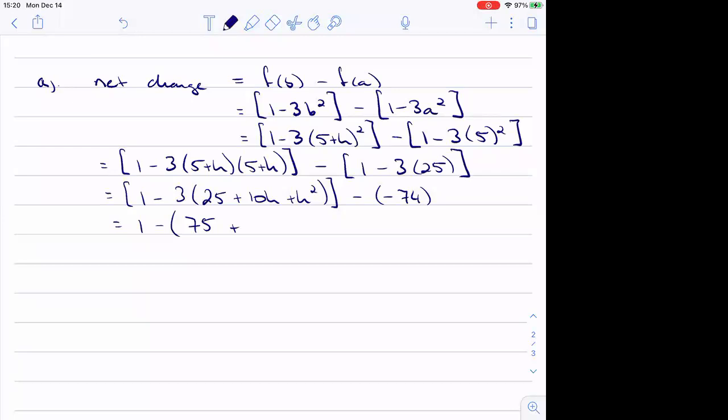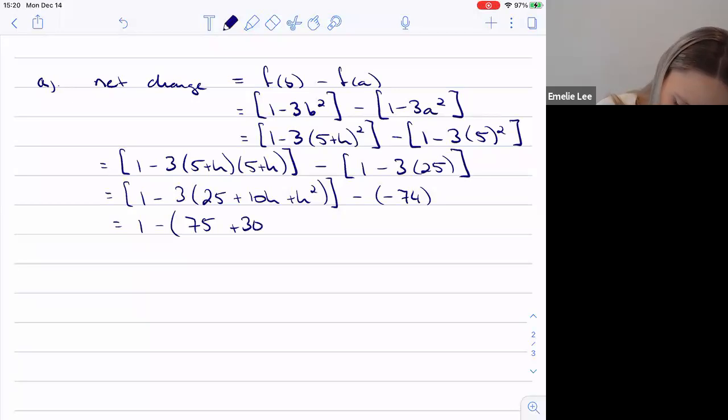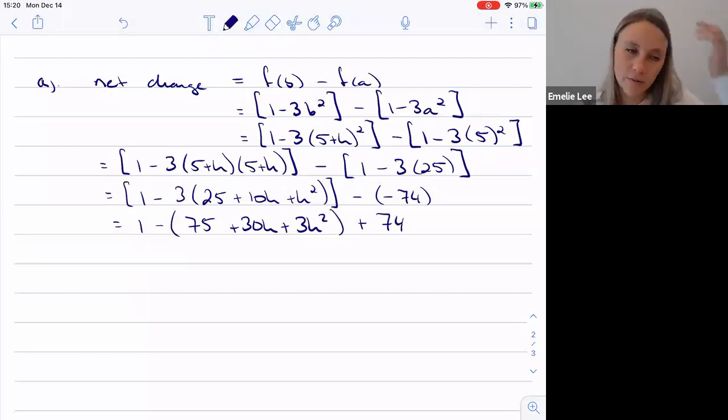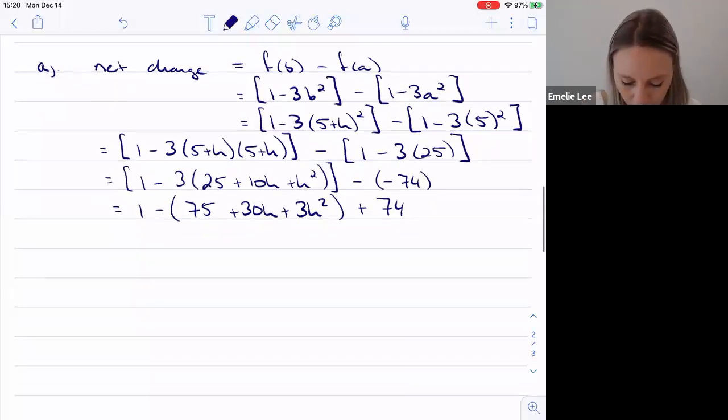Good. So plus 30h plus 3h squared, and then plus 74 negative, subtracting a negative makes adding. Now I'm going to bring this negative inside so that I can slowly dissolve all these brackets here.